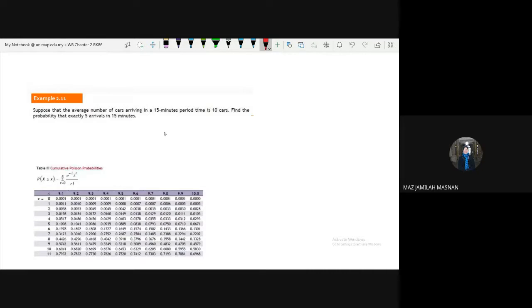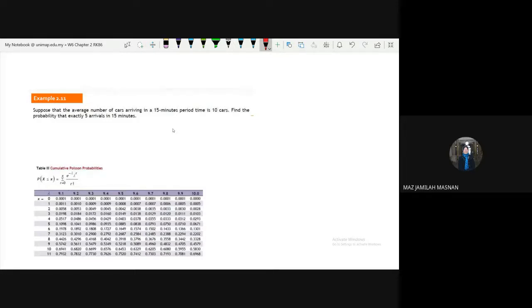Now, how do I differentiate binomial and Poisson equations? In Poisson, the simplest way to identify is the interval. If there is an interval included anywhere in your question, definitely you are talking about Poisson.